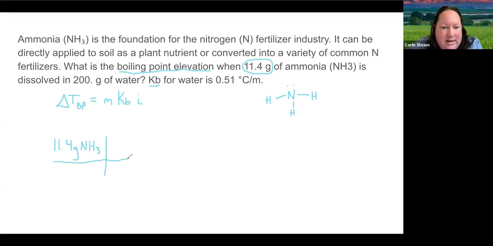So the way that we do that is by using our molar mass. We could calculate that from a periodic table or look it up if we're not sure. So that's 17.031 grams per 1 mole.